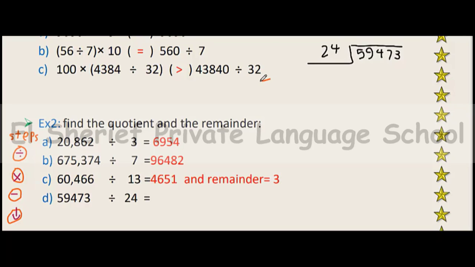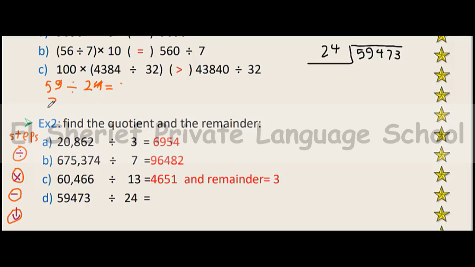So 59 divided 24, we will cover 9 and 4. So 5 divided 2, what is the number times 2 that gives a product equal to 5 or nearest to it, meaning less than, it must be less than. So 2 times 2 equal 4. So 5 divided 2, we choose 2.